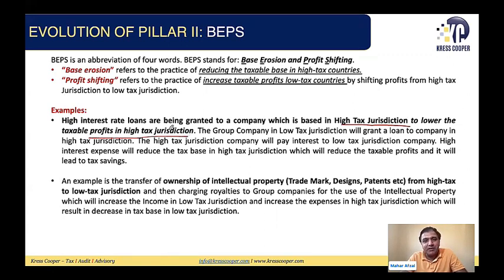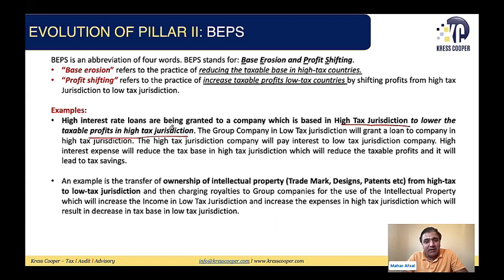Suppose a UAE company is giving loans to the UK company at a rate much higher than the market, so that when the UK company takes the loan and pays interest, that interest becomes income of the UAE company and expense of the UK company.